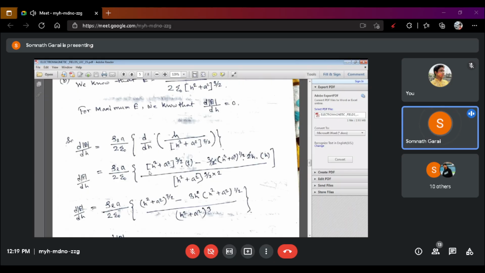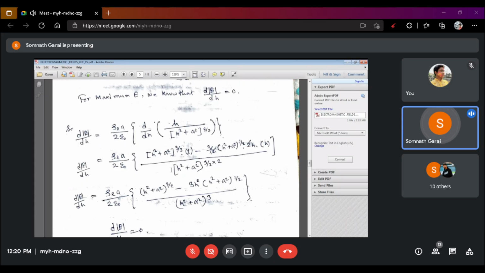So first, (H square plus A square) to the power 3 by 2, that is constant, d by dH of H is equal to 1, minus d by dH of (H square plus A square) to the power 3 by 2, which is 3 by 2 times (H square plus A square) to the power half into 2H, times H, divided by (H square plus A square) to the power 3 by 2 into 2 square.